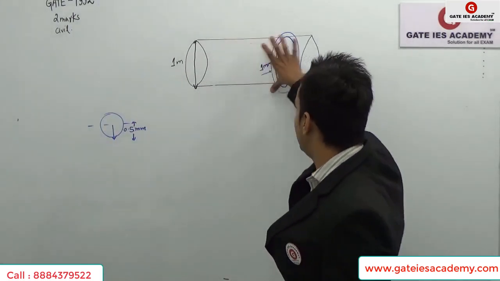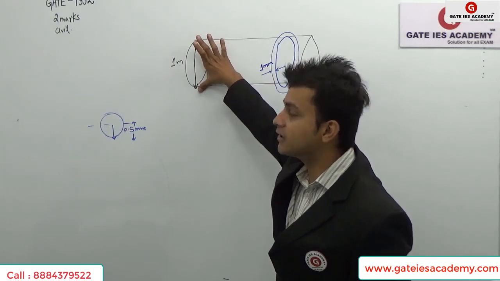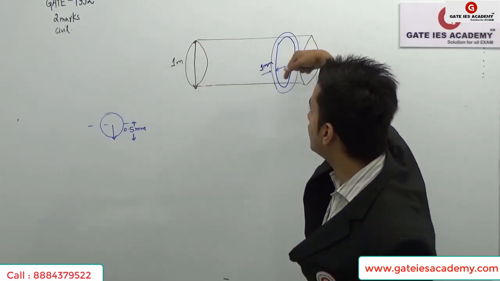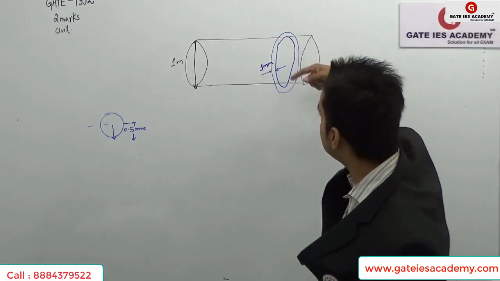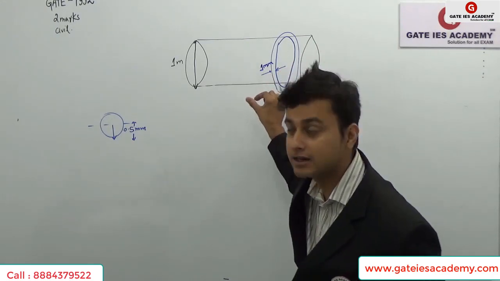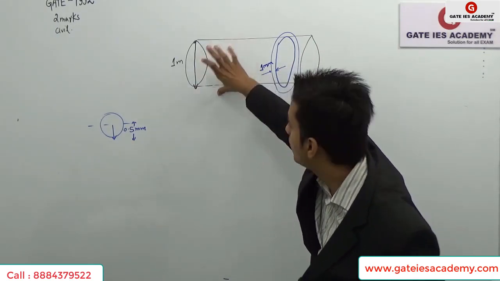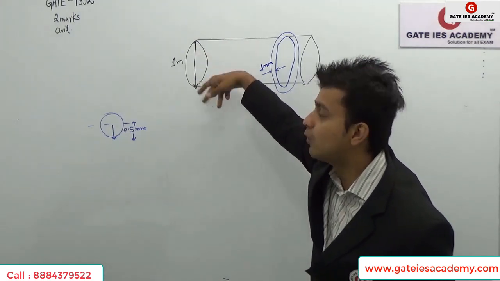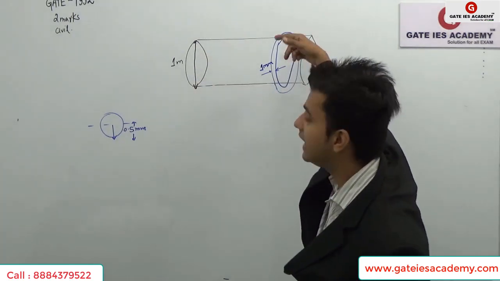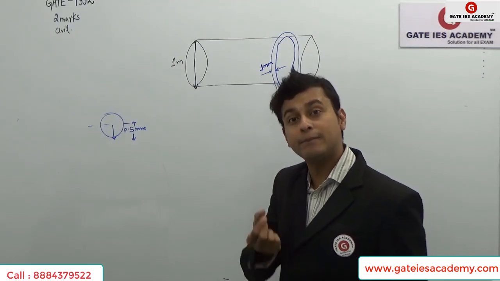So this is a drum which has a diameter of 1 meter, and we have wound around it another steel wire of 1 mm diameter. So remember the difference: this is a steel drum of diameter 1 meter, and then we have a wire of 1 mm diameter.